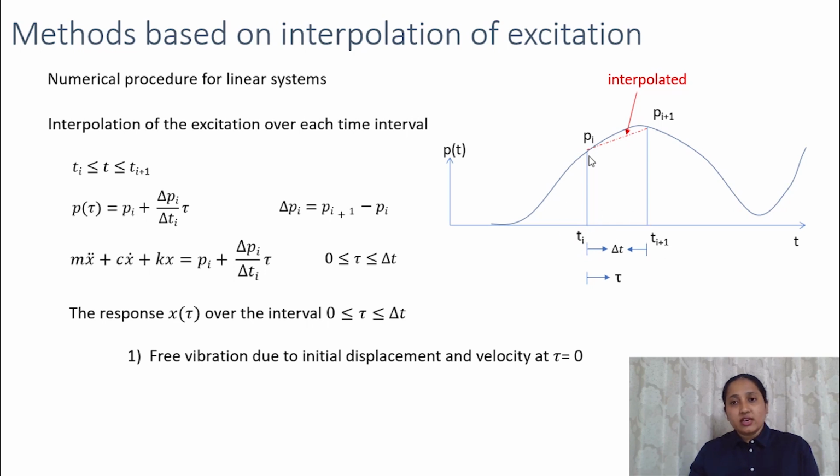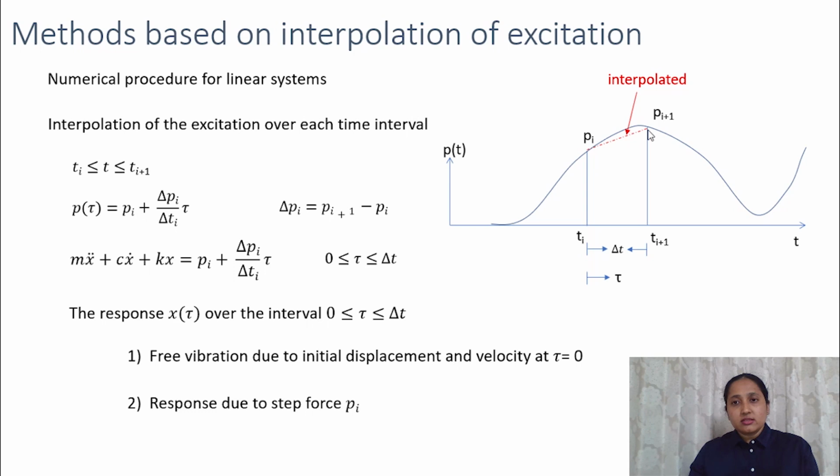So because of those initial conditions, there will be a free vibration. So the first component of this response will be that free vibration, and then there will be response due to a step force equal to Pi.